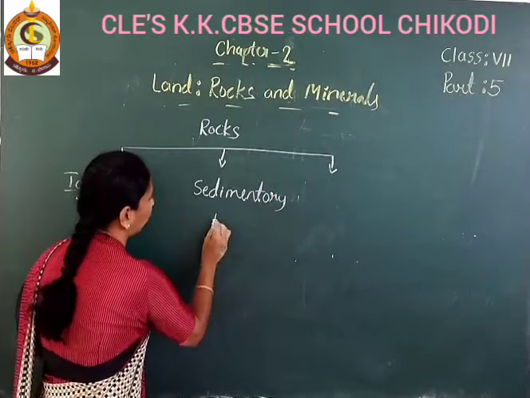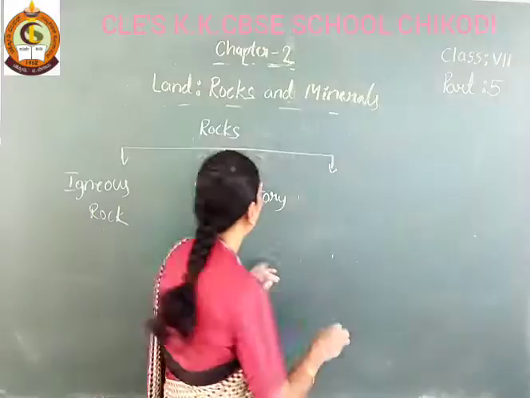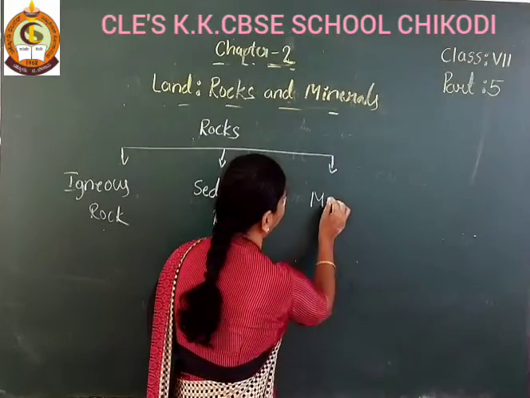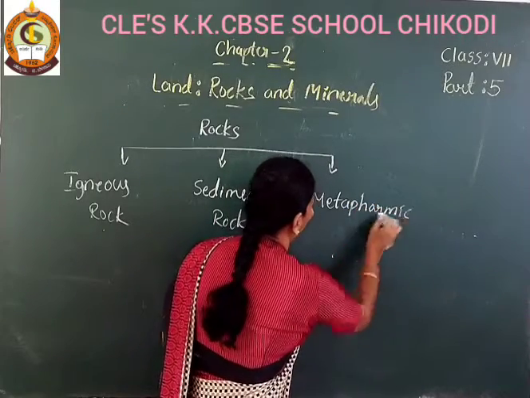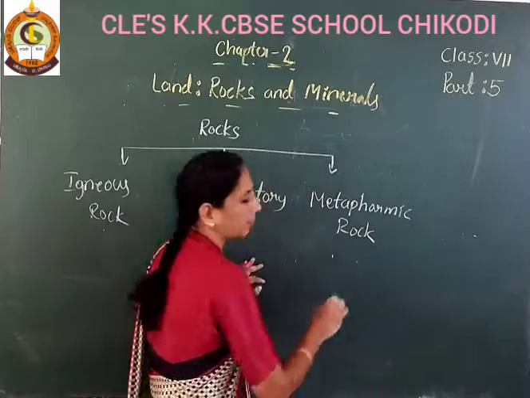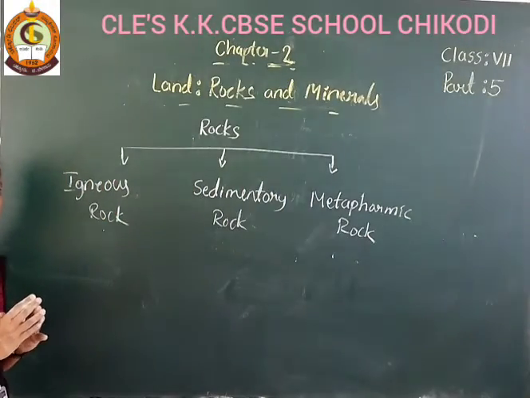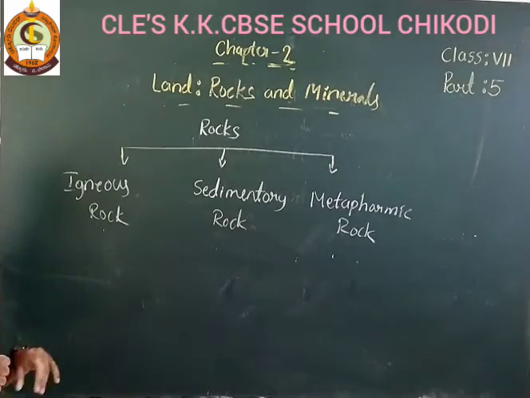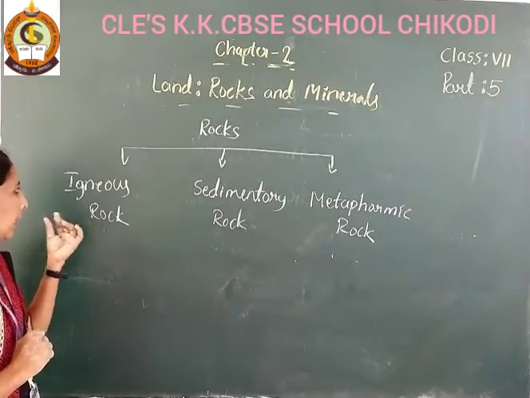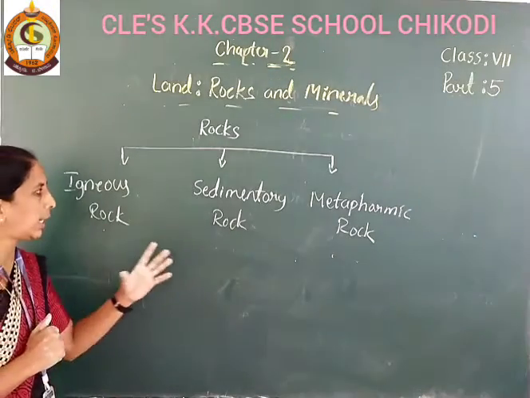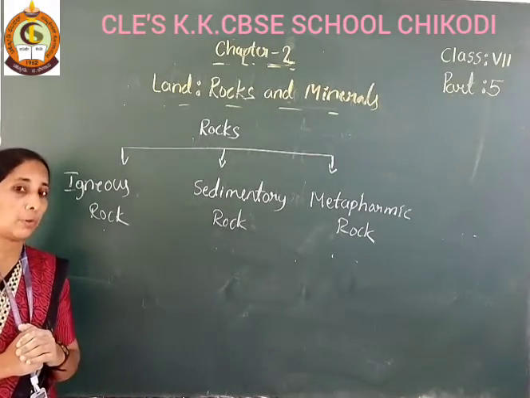And third is metamorphic rock. Rocks can be classified in 3 categories: one is igneous rock, second is sedimentary rock, and third is metamorphic rock.